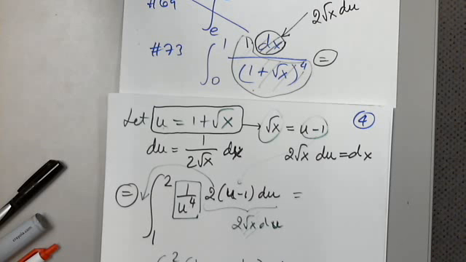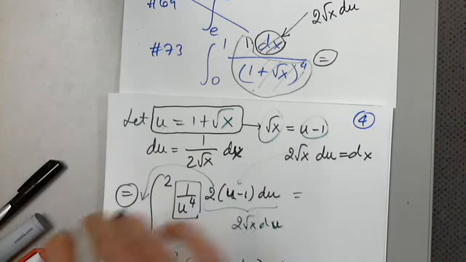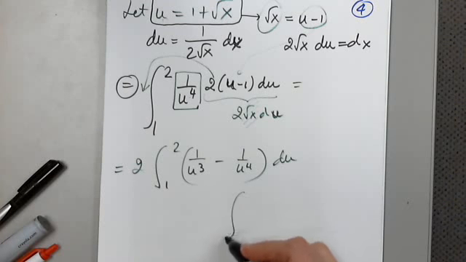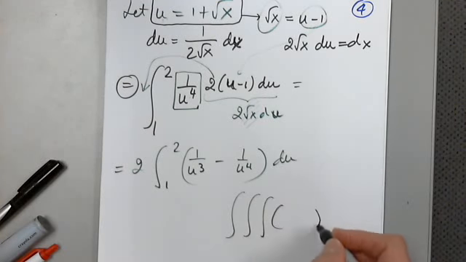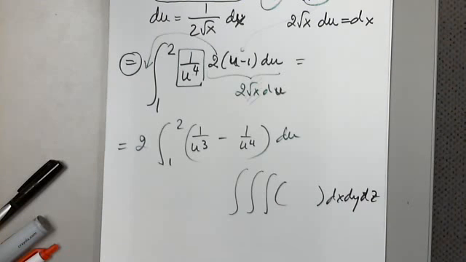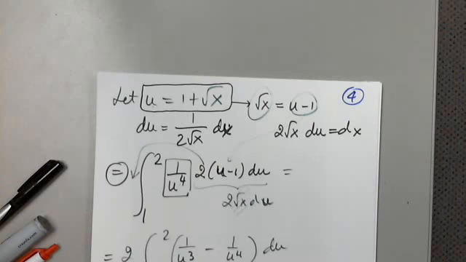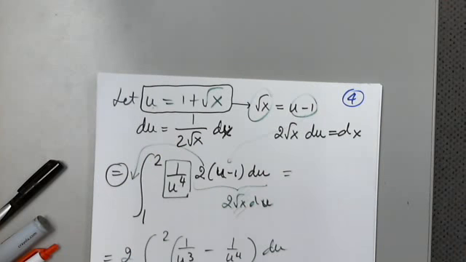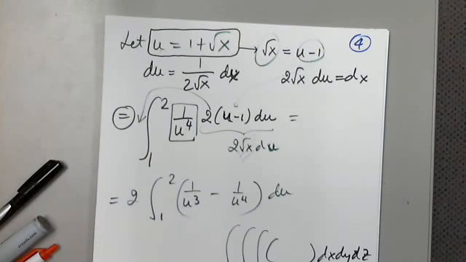Double integrals or triple integrals. So you will learn later on in Calc 3 something like the integral, whatever function, dx, dy, dz. But not in Calc 1. So once I change from the integral in x to u, there is no more x. Okay, so far so good?